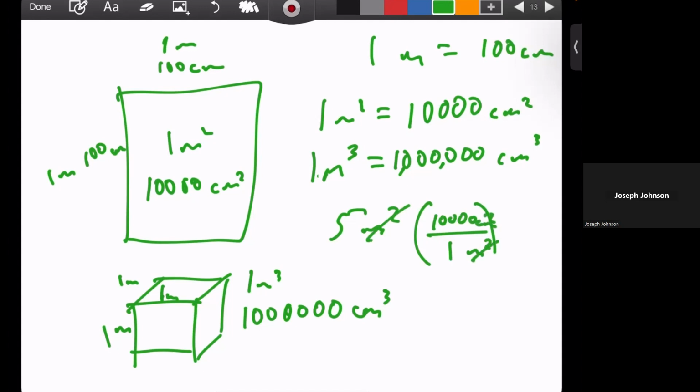The meters squared cancel out. I don't know why that just throws me for some reason. It's tricky because you train yourself to think centi is 100 because it is, but centimeters squared is different than centimeters. It's a different thing you're measuring.